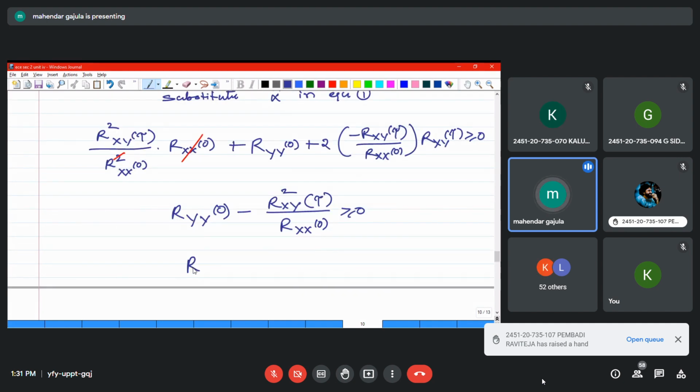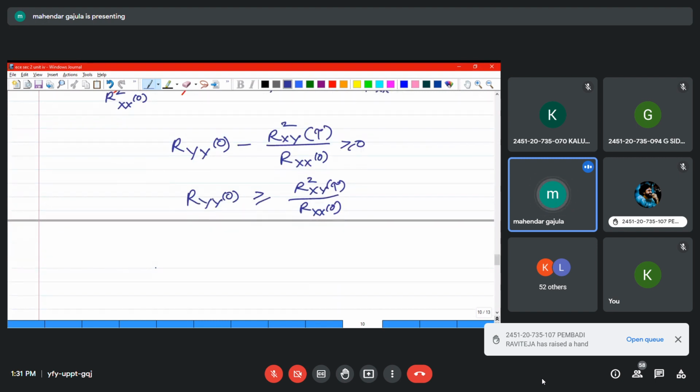So r_yy(0) is greater than or equal to r_xy(tau) square by r_xx(0). So we can write it as r_xy(tau) square less than or equal to r_xx(0) r_yy(0).